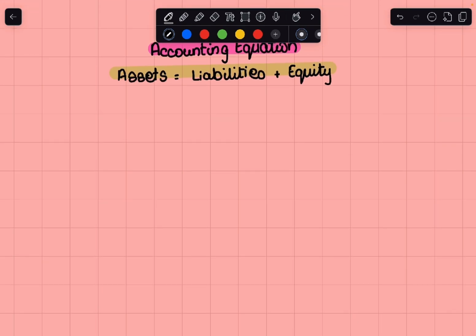Now, let's first suppose you want to start up a business, and that business wants you to put in about $1,000 of investment initially. Now, this investment will be known as your equity or your business's equity. Now, this $1,000 can either come from whatever savings you might have put in, so that can be approximately $800, and you got short on $200.